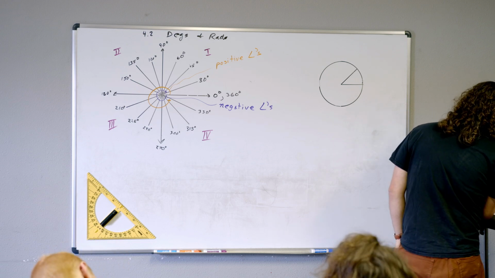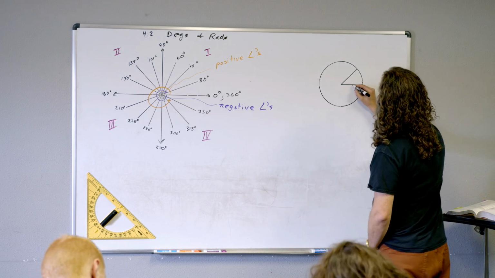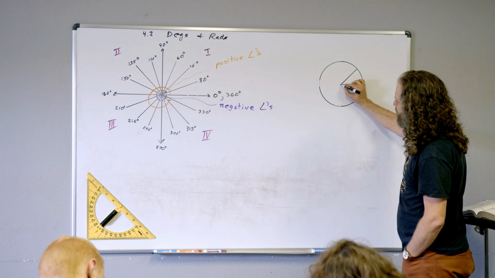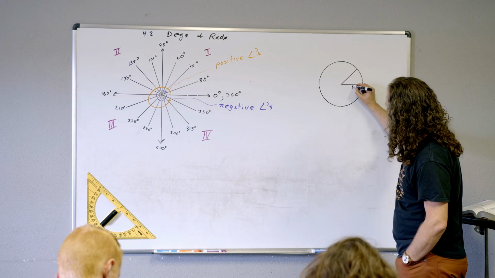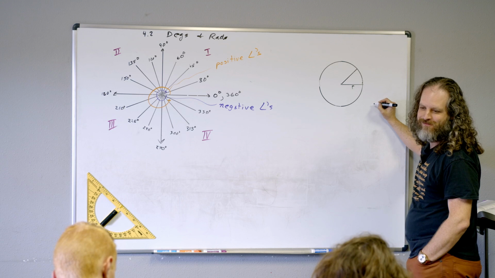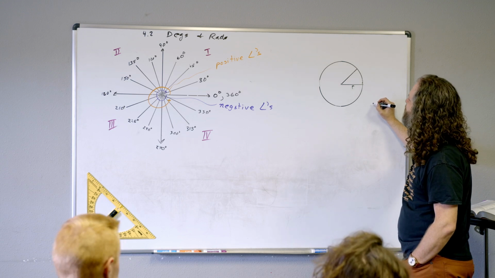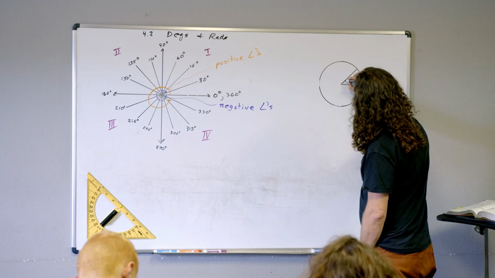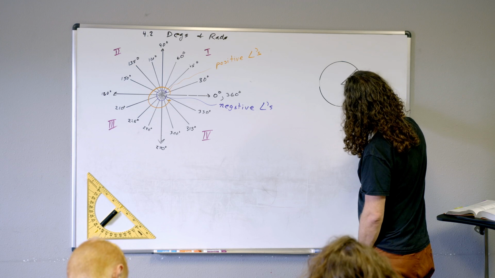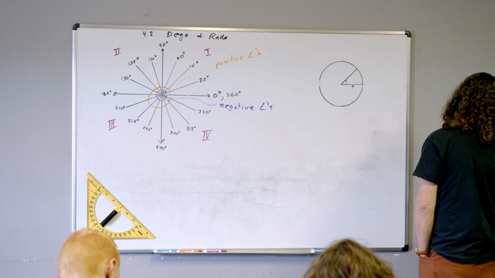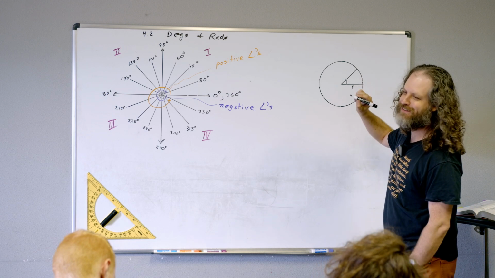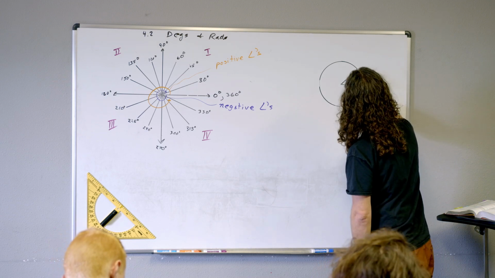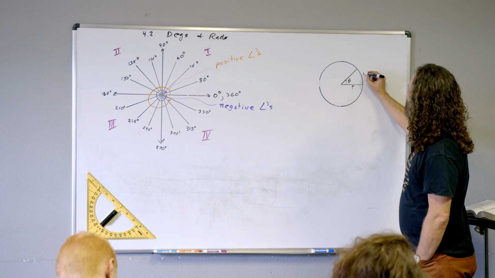Okay. What is this called? Assuming this is the center. This is a radius, so we label it with R. This is an angle. So what do you think it's going to get labeled with? Theta.